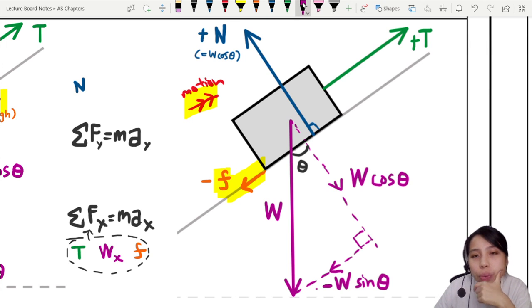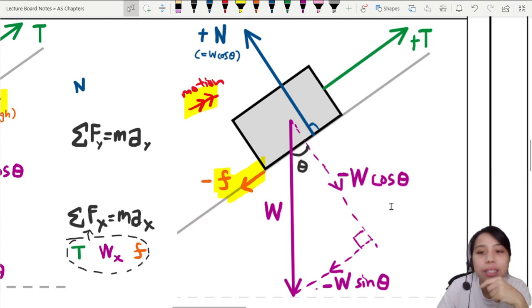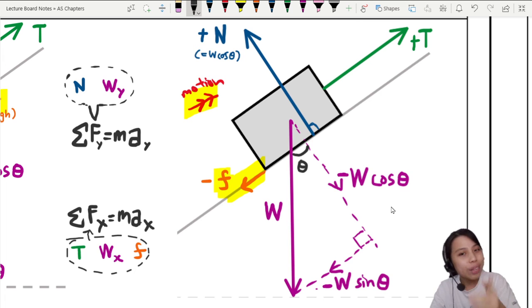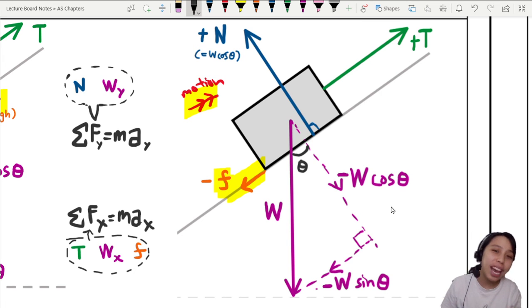Then whoever is exactly opposite downwards will be negative. So there is weight, 1 up, 1 down in the tilted y-axis. So we have N and we have the vertical component of weight. These 2 contribute to the net force. You add them together for Fy. And then you can find the vertical acceleration, if any.